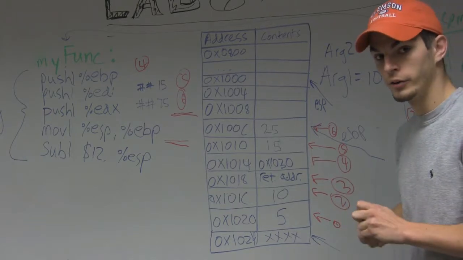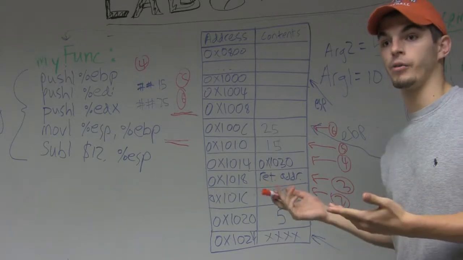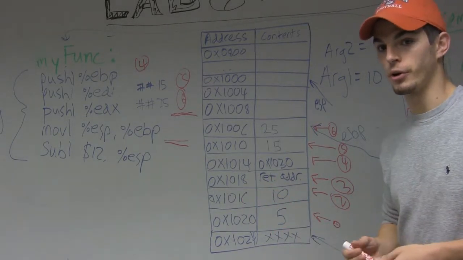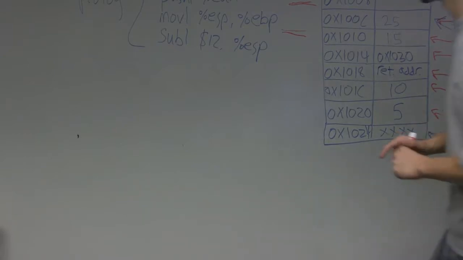So now, if you understand that, you're ready to understand how the callee is actually going to retrieve the arguments now that we've completed the prologue. Now we're ready to retrieve our arguments.